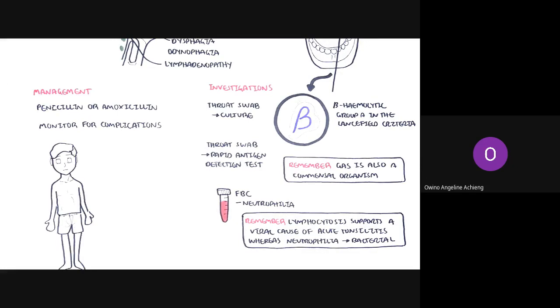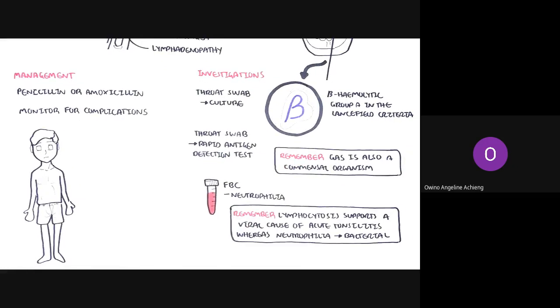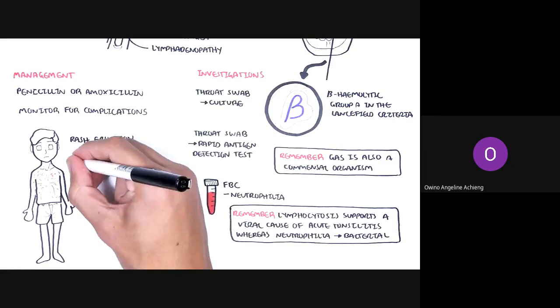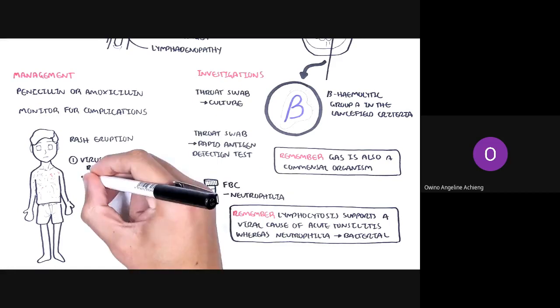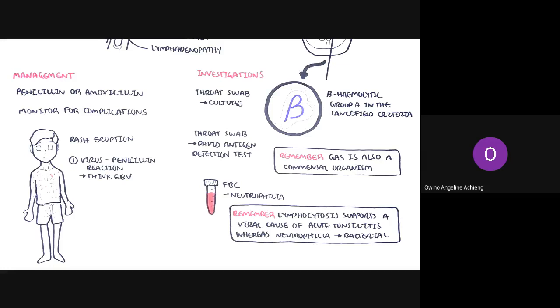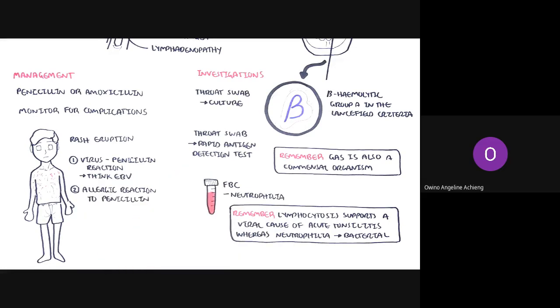Firstly, if a rash eruption occurs, think to yourself, could this be a viral penicillin reaction, which will support a diagnosis of Epstein-Barr virus tonsillitis rather than bacterial tonsillitis, in which case the antibiotics should be stopped. The second thing to think about is whether this could be a proper allergic reaction to the penicillin, in which case the antibiotics should be changed.